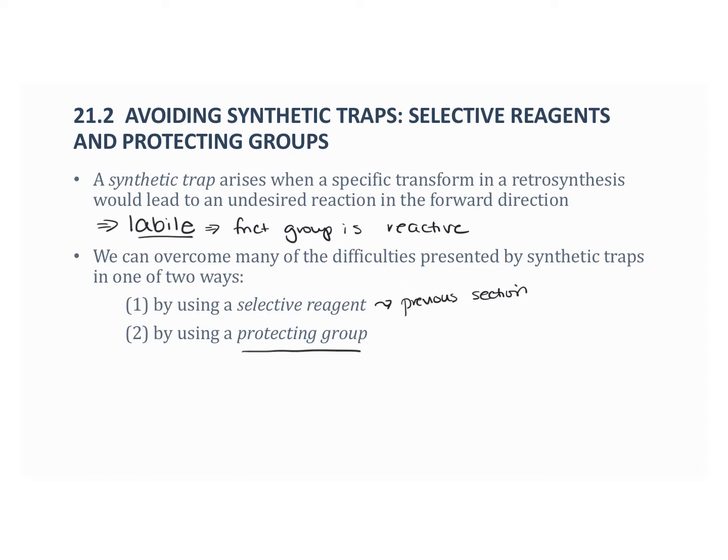Now, when I did synthesis, I synthesized peptides and we used protecting groups all the time. So protecting groups is really a very versatile way to help with these kind of side reactions that you don't want to have happen. So let's talk about and review some selective reagents.